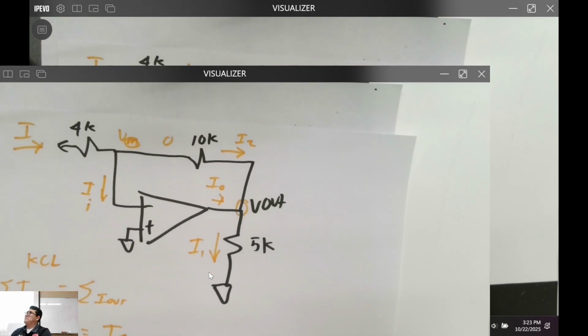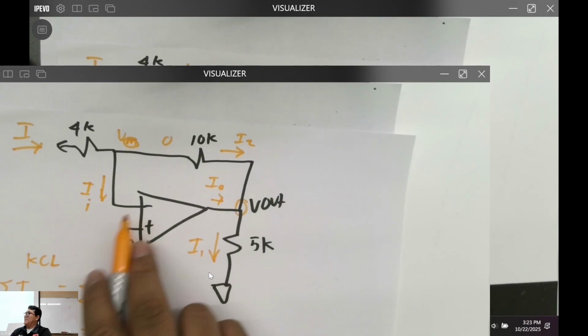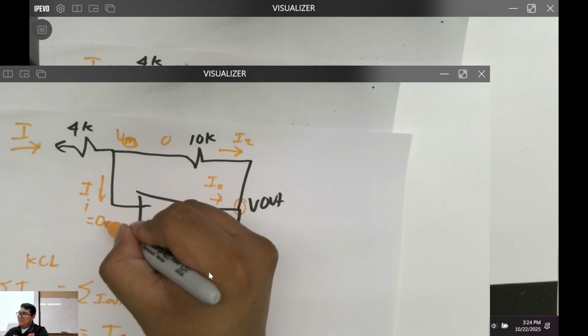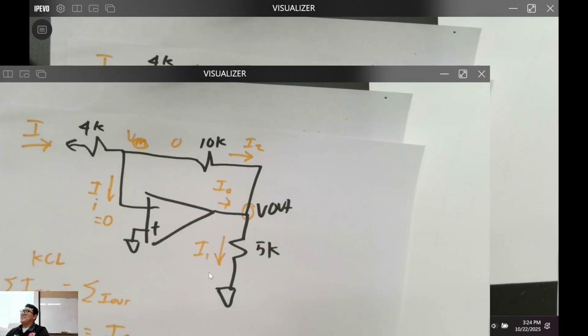What's I1 equal to? We're just calling this I1 going into the op amp. What's the current? Does that make sense? 0 current goes into the op amp. Is that good? I'm seeing blank faces. Did we forget?